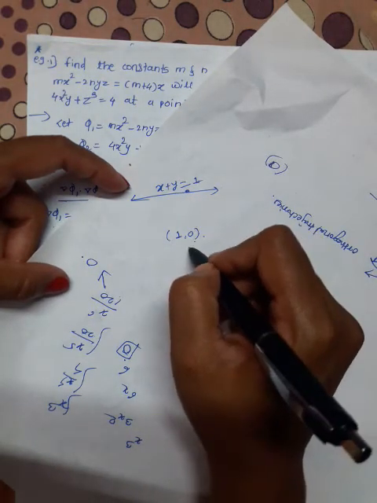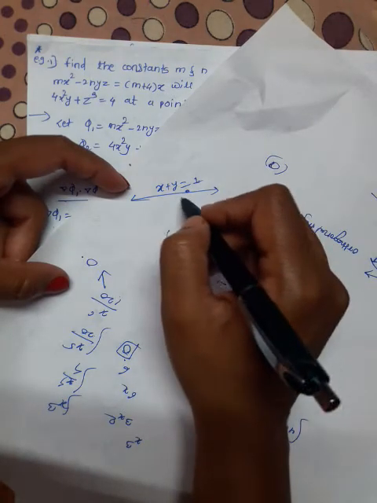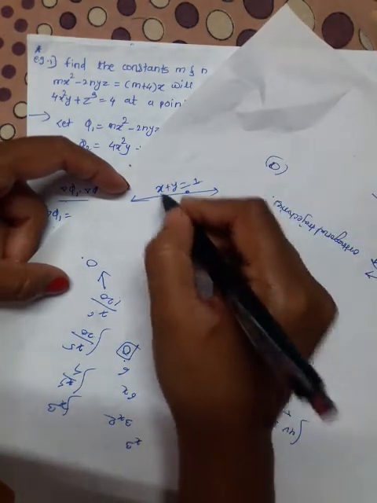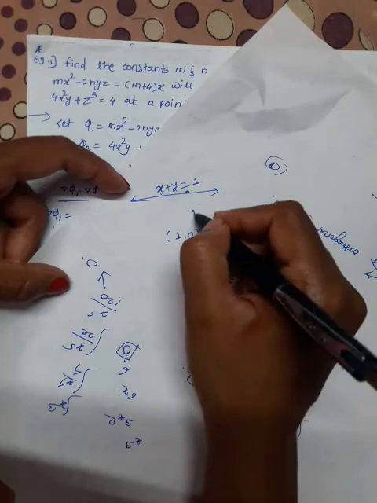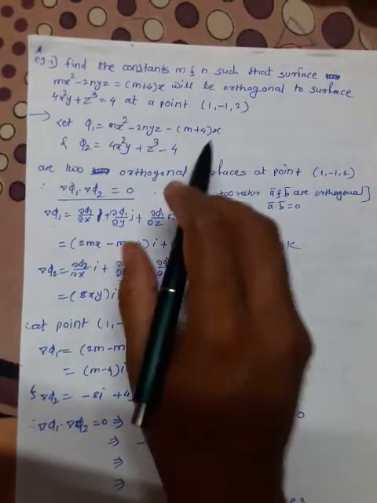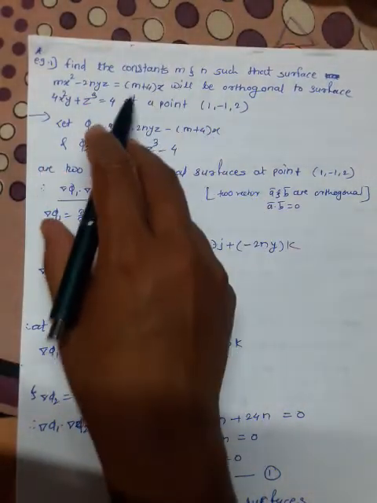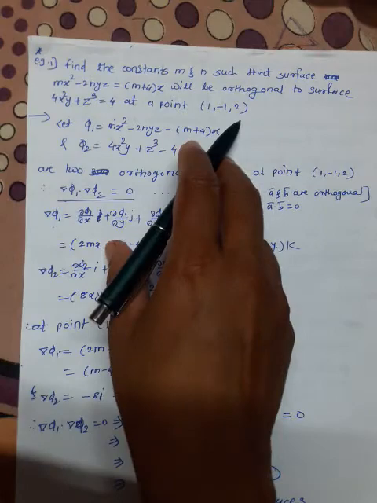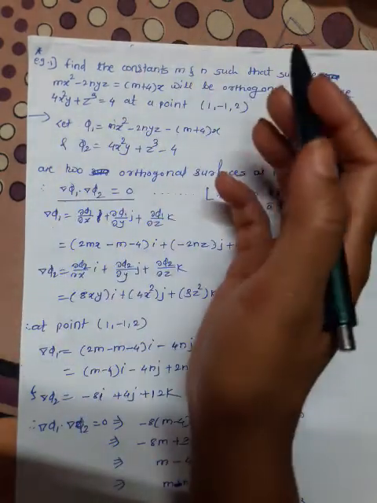This means this point must satisfy the equation of the line. Putting x is equal to 1, y is equal to 0, we get 1 is equal to 1, so the equation is satisfied. The same logic we have to apply here. If this point is present on both the surfaces, therefore this point should satisfy both surface equations.